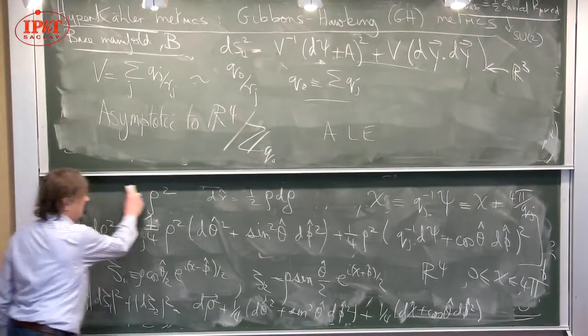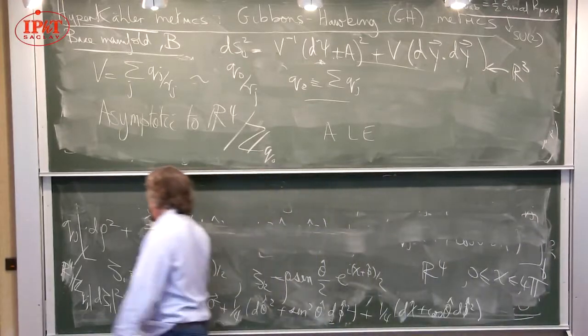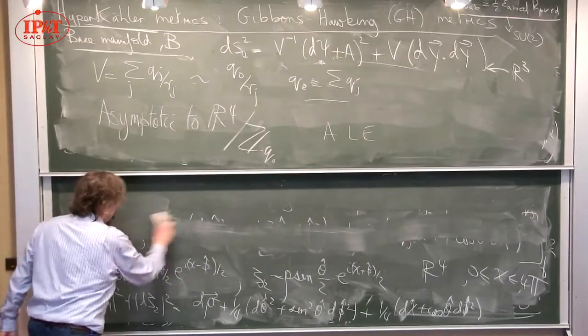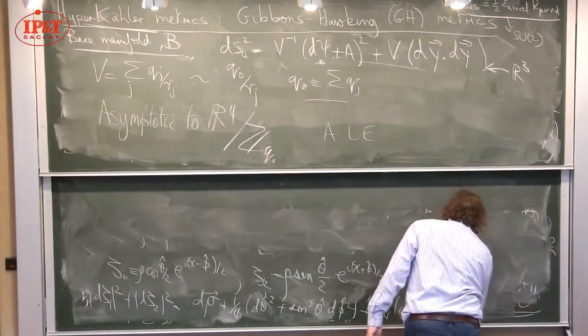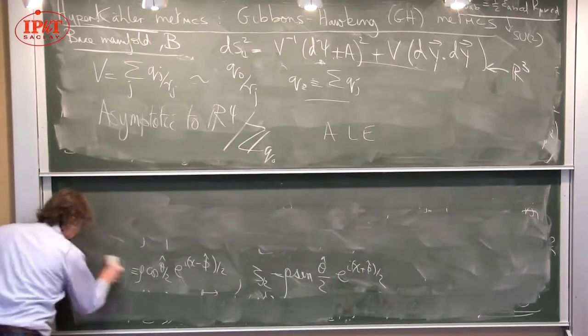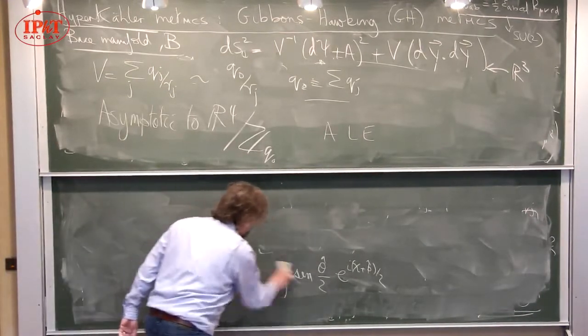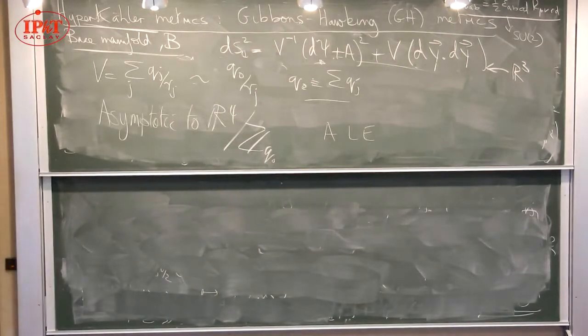Now, the last gasp I want to point out, which is where the danger lies, but where we're going to break through, is remember I said about 15, 20 minutes ago that there are no hyperkähler metrics that are asymptotic to R4 apart from R4 itself. And you can see it very explicitly here.